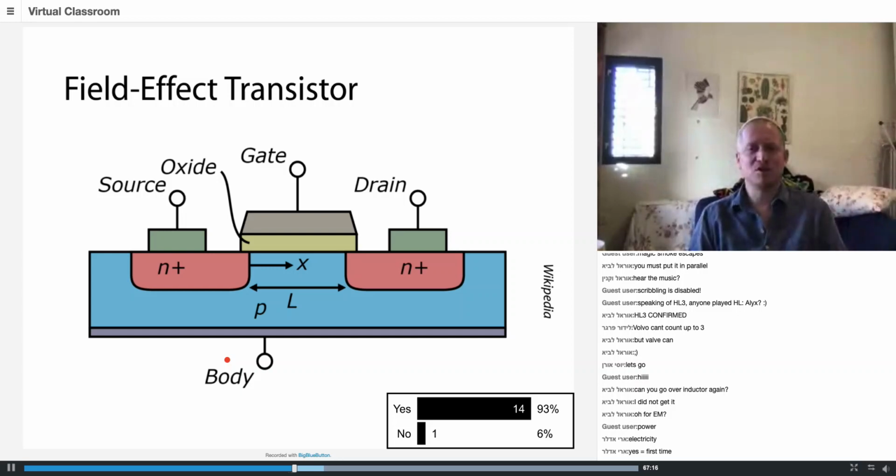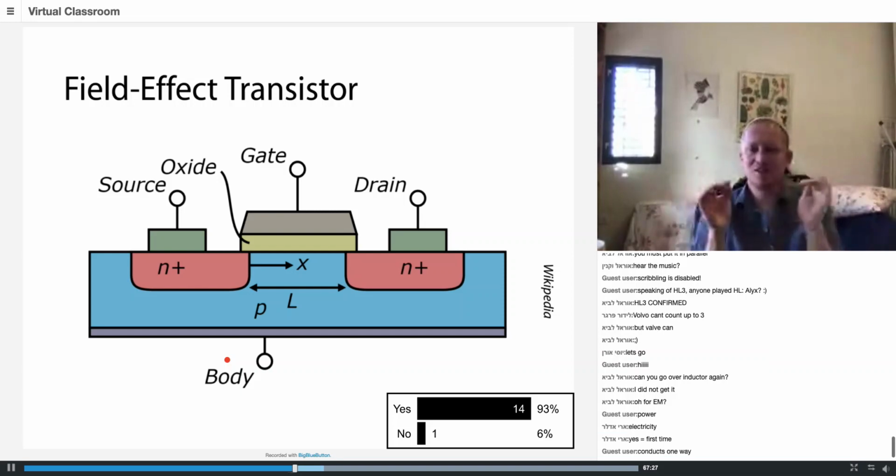What is a semiconductor? It's something which is a conductor, but it's not doing a good job. It's not only one way. It's some material that conducts sometimes. You can decide when it conducts and when it does not.